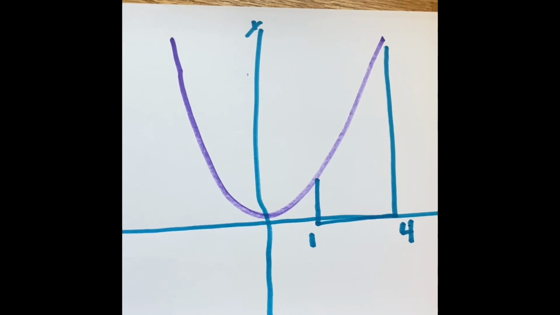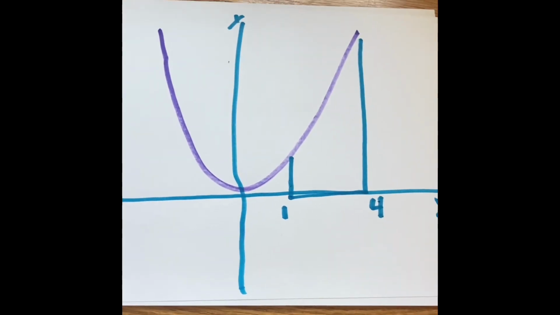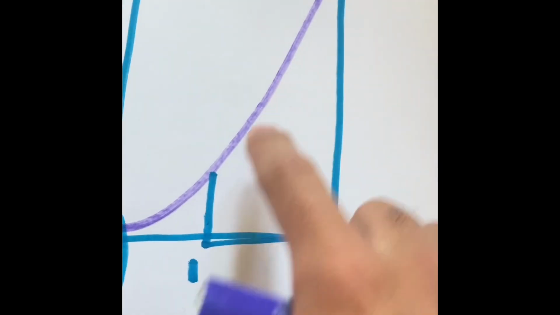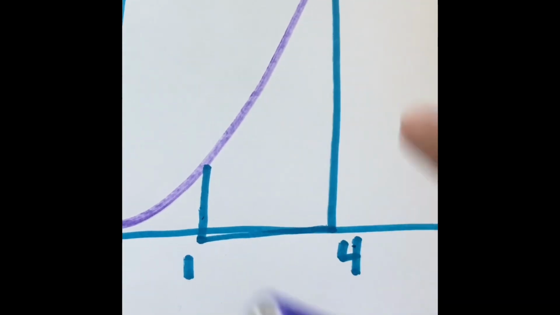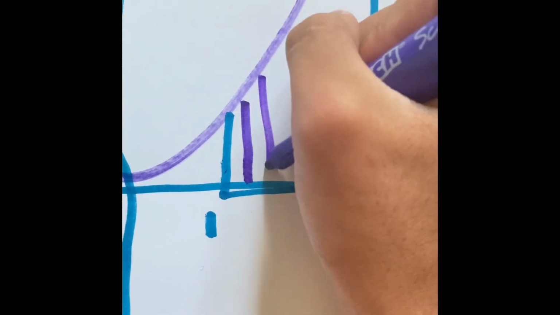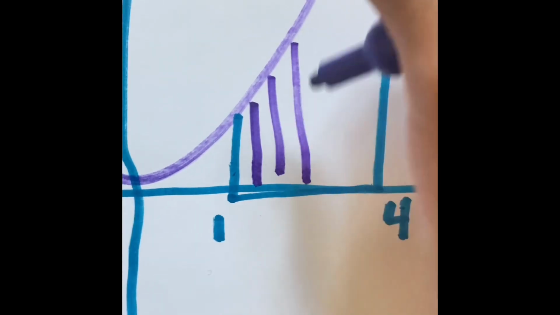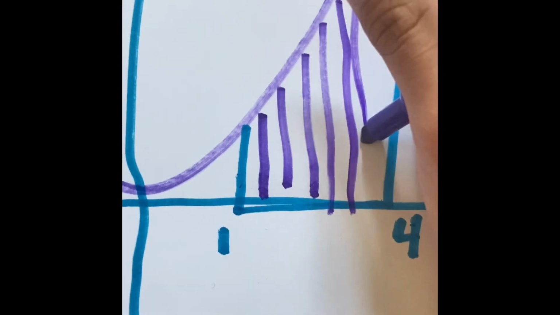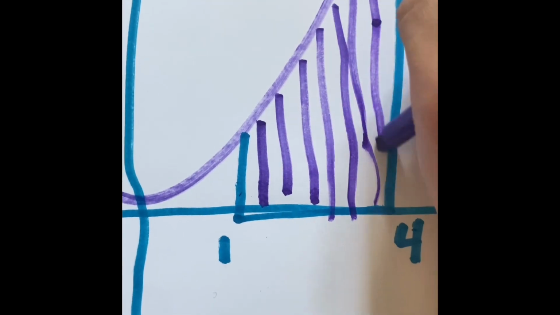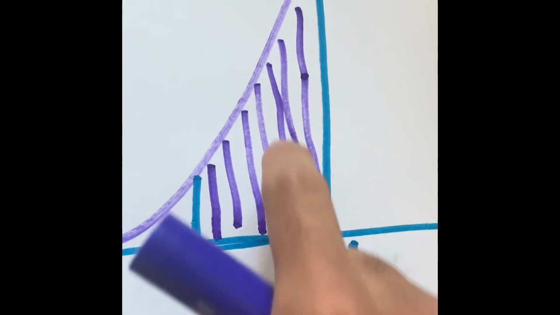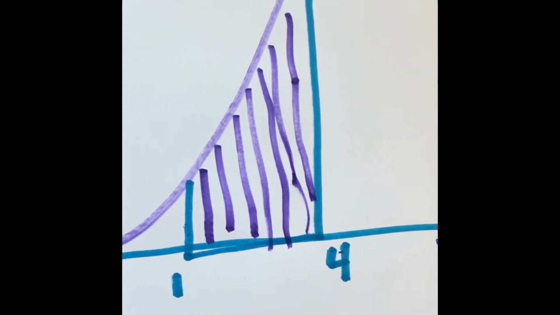And if you grab a ruler, it's really hard to even measure. What we could do to solve the problem is, even though we have a curved line and a shape right here, put in rectangles to fill it in, then calculate each rectangle and find the sum of the areas.